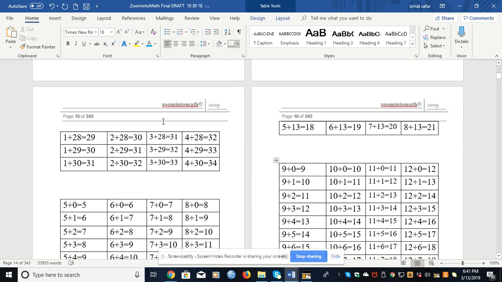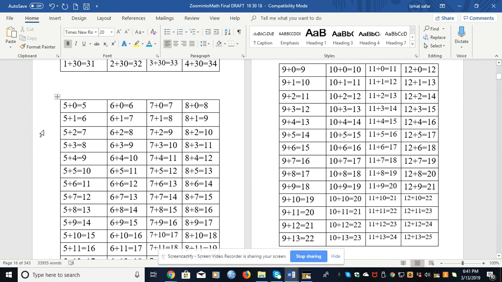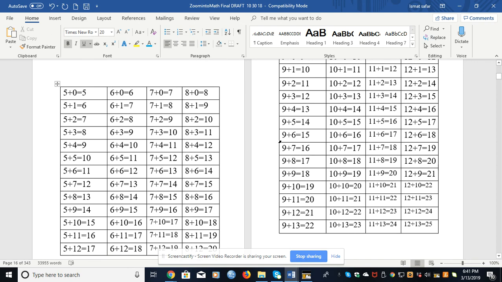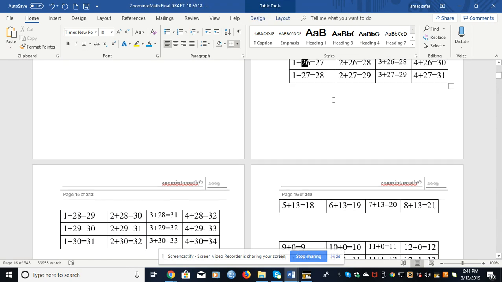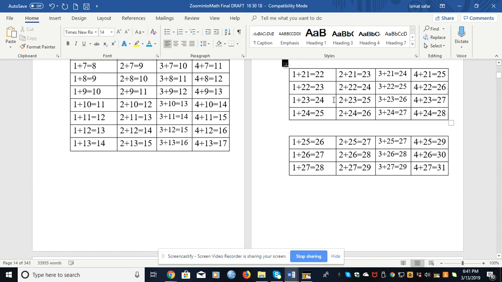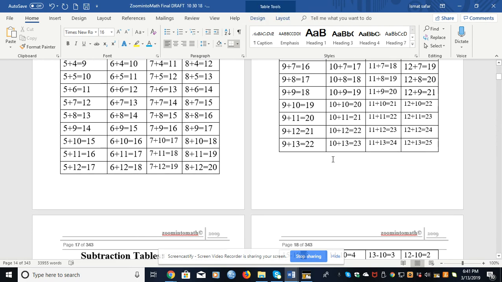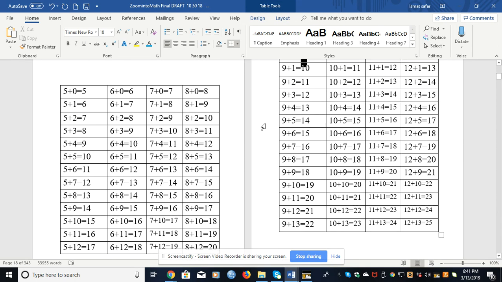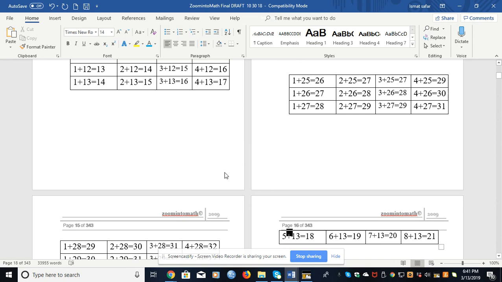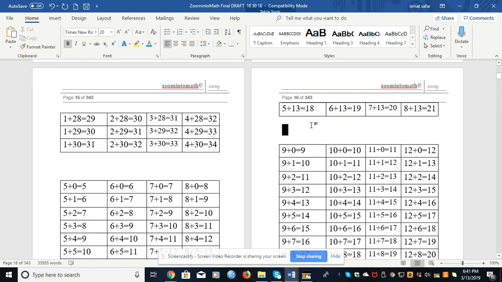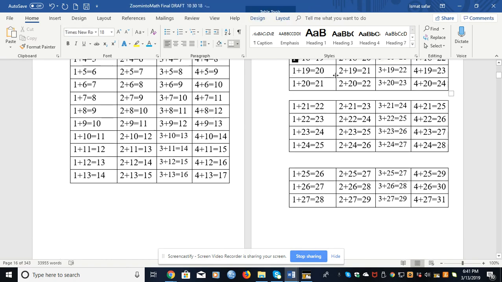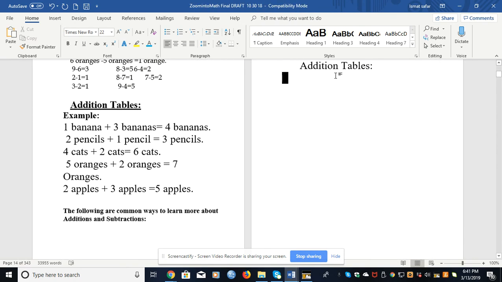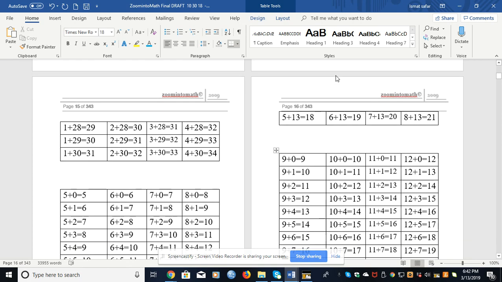Okay, and then we have addition for 5s, addition for 9s, addition for 1s. I didn't make all the numbers this way. You exercise better. So we have 1s and 5s and 9s tables.